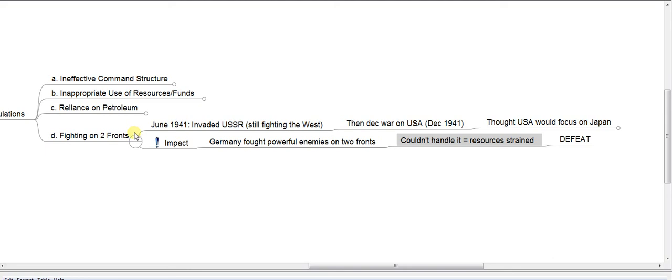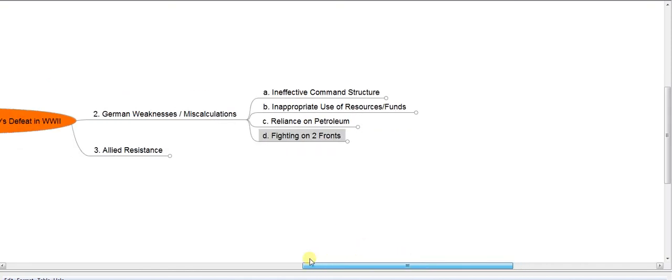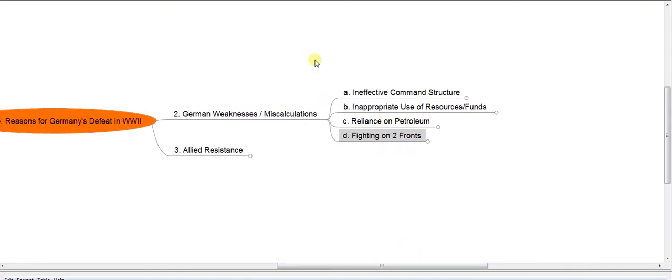And Hitler knew that initially when he signed the Nazi-Soviet pact. But having invaded the USSR, he actually opened the second front, and basically it really stretched German resources. Alright. So these are the four main areas for German weaknesses and miscalculations.